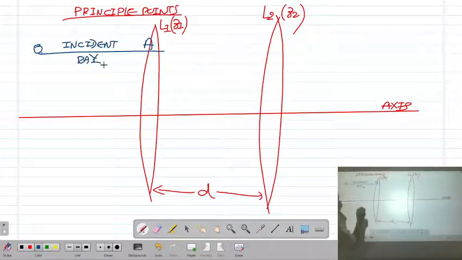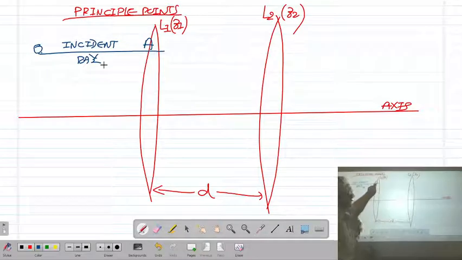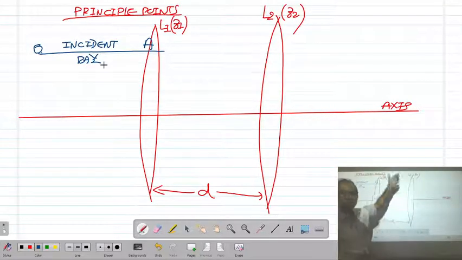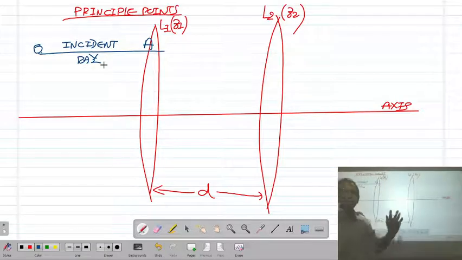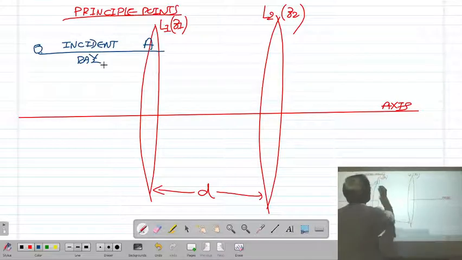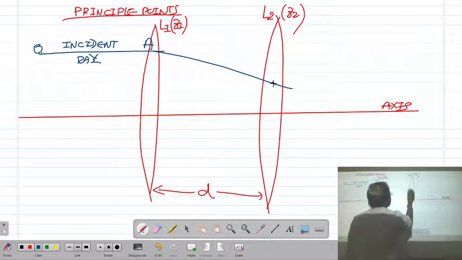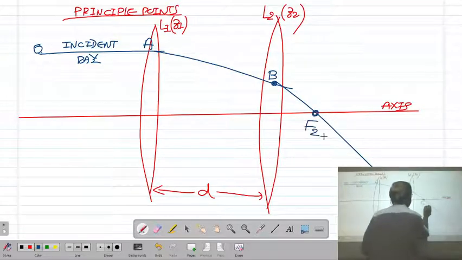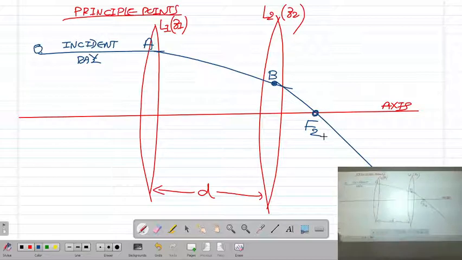It undergoes refraction at four surfaces of two lenses: the left surface of lens L1, the right surface of lens L1, the left surface of lens L2, and the right surface of lens L2. After refraction it passes through point F2. This diagram we have just drawn in the discussion of the focal point.